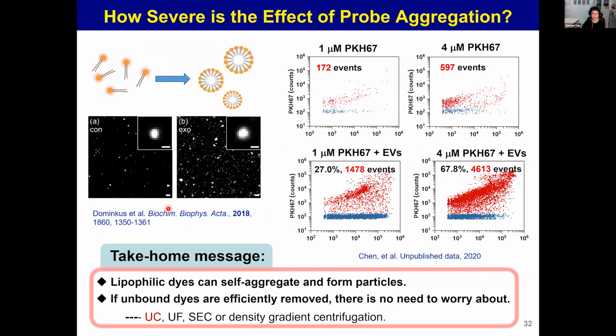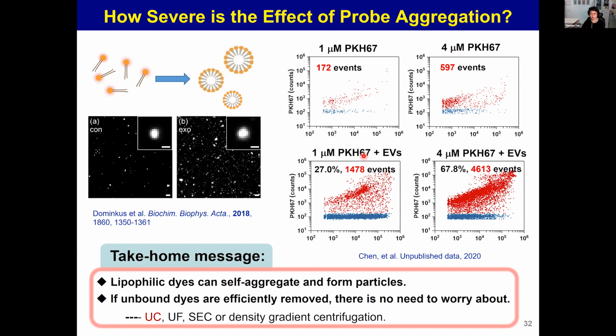We also know that those lipophilic dyes can form aggregates that resemble the structure and size of EVs, but how severe is this effect? We found that upon washing away the unbound dye, there was an 8-fold enhancement in fluorescent particles compared to the reagent controls.